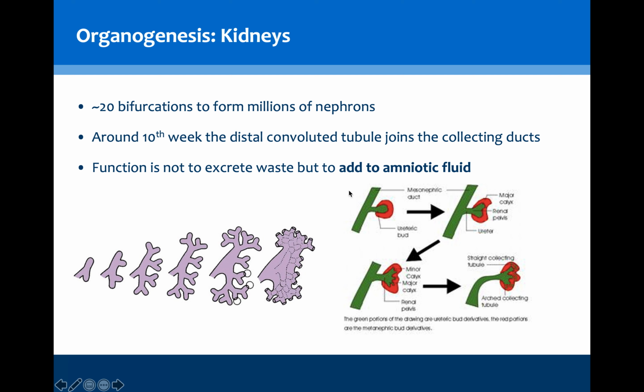This bud will continue to bifurcate and will do so 20 times, leading to millions of nephrons. This is due to the logarithmic multiplication that occurs. Around the 10th week, the distal convoluted tubule of the metanephric excretory system will connect to the collecting ducts.